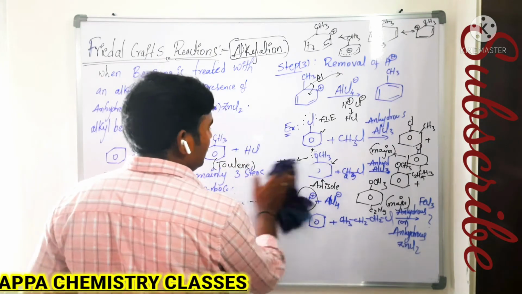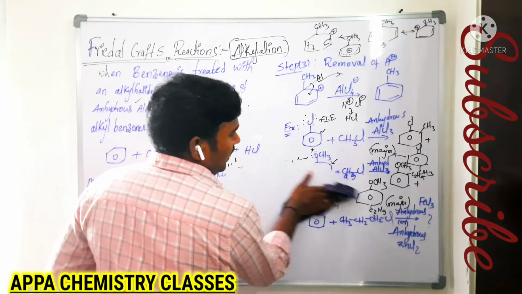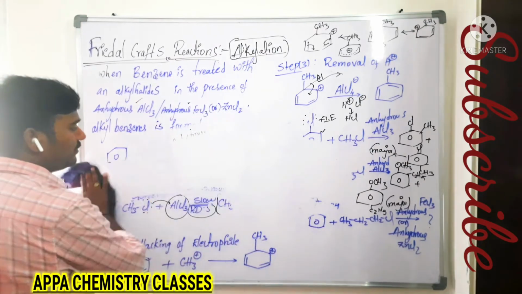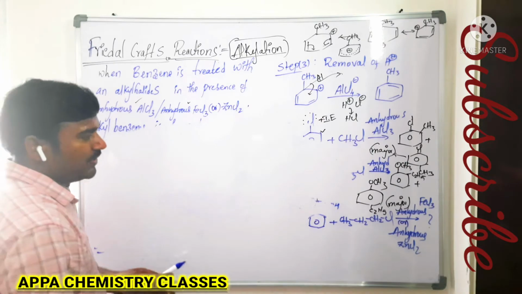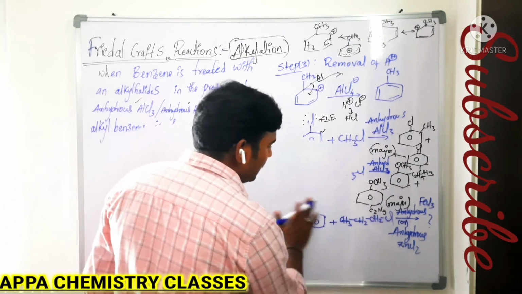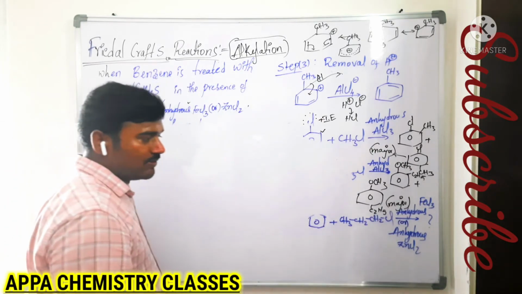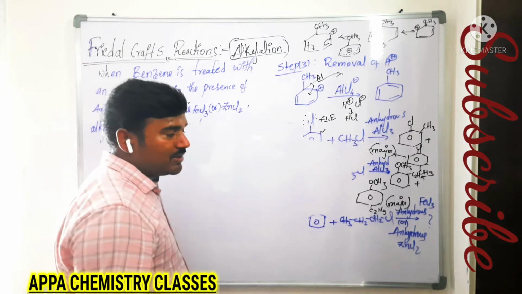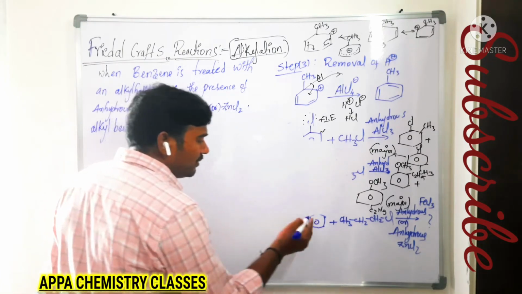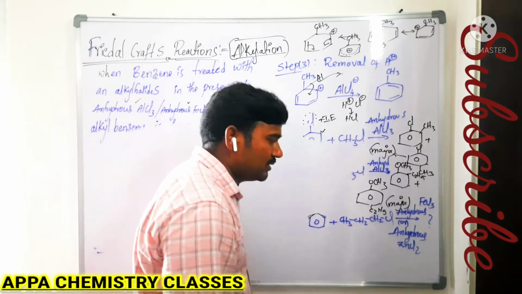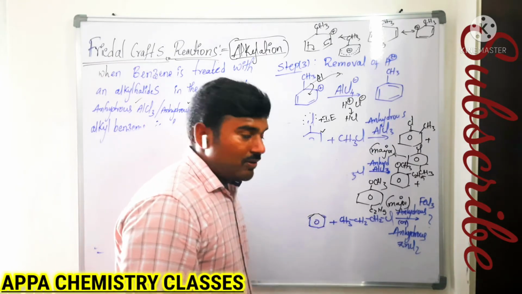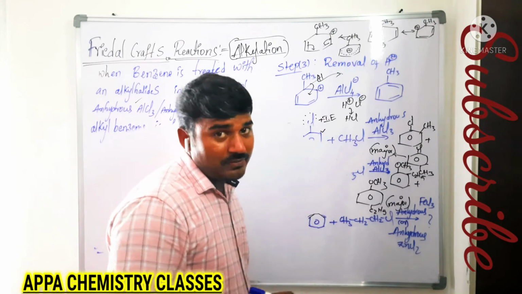That is the next reaction you see there. That is Friedel-Crafts alkylation here. So in presence of anhydrous ferric chloride or anhydrous ZnCl2 what happens? In presence of anhydrous ZnCl2 and anhydrous ferric chloride there is no formation of carbocation.